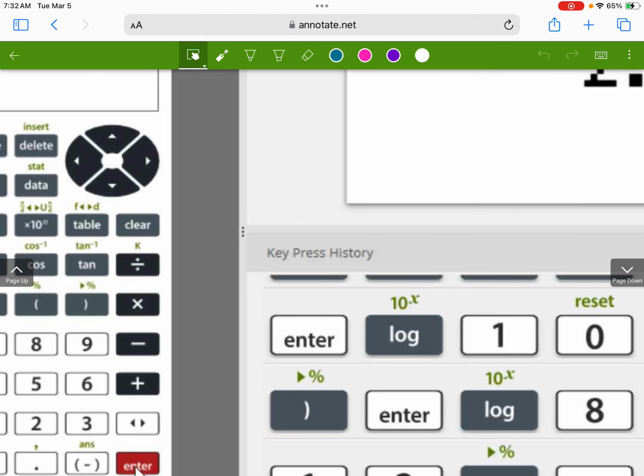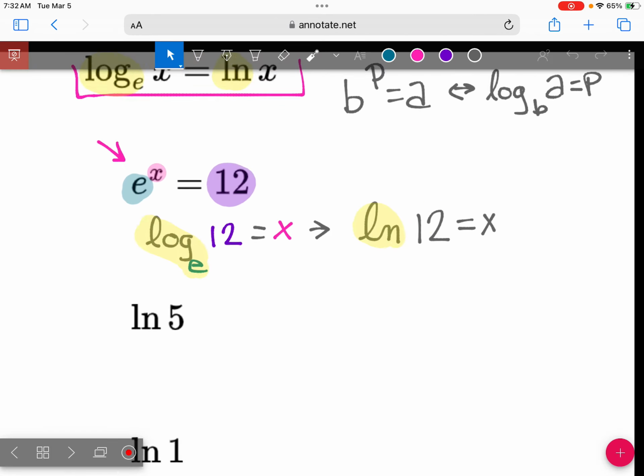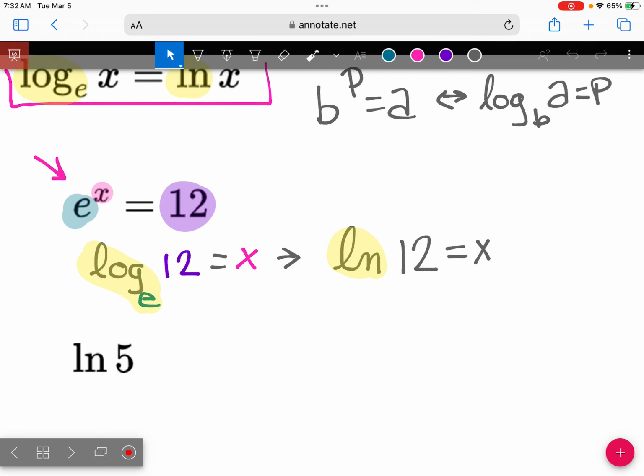And again, we're just going to generally take 4 decimal places. It's kind of the vibe we have. 1, 2, 3, 4. That is not going to do anything for my rounding. So 2.4849. So x equals 2.4849.